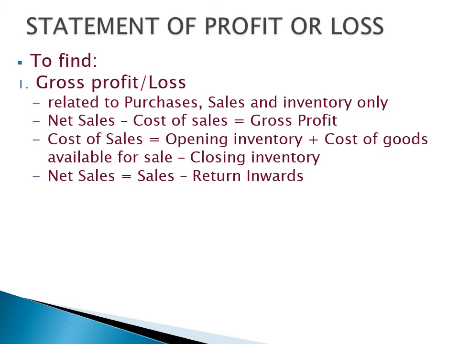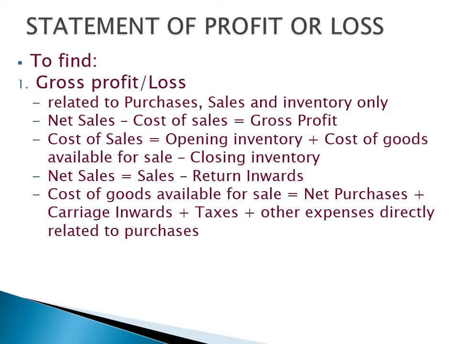And then you need to identify the amount of net sales, that is sales deduct return inwards, or another name, sales return. And then you need to calculate the cost of goods available for sale, which is the net purchases add carriage inwards or any other expenses related to purchases.